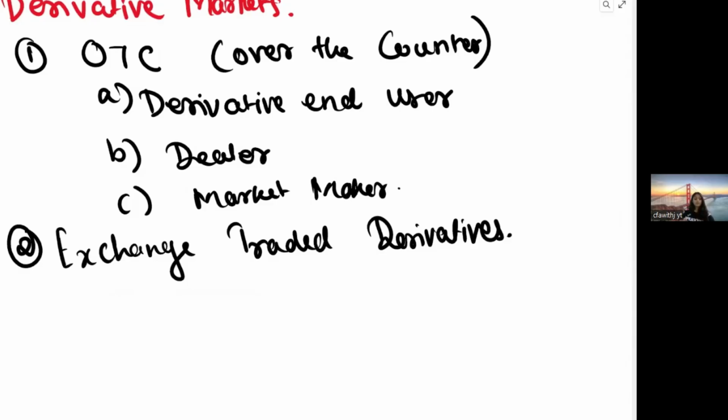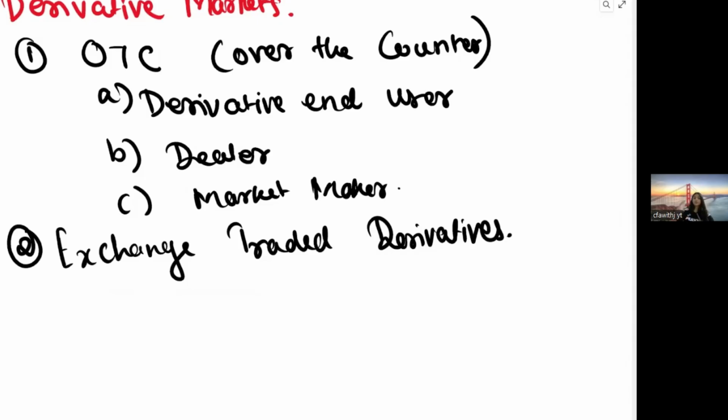Now, the terms and conditions of these contracts or these derivatives are usually set by the exchange itself. These dealers quote their bid and ask price, and we, the end users, buy or sell those according to our needs. So this is how it is not customized.